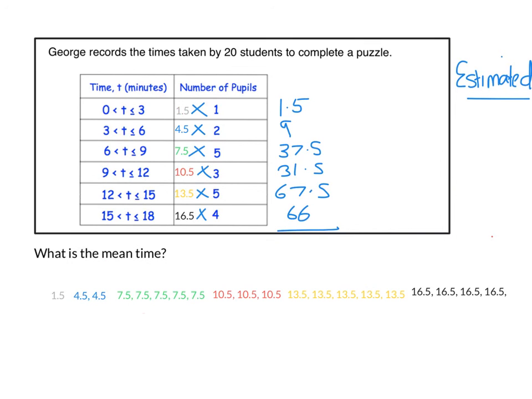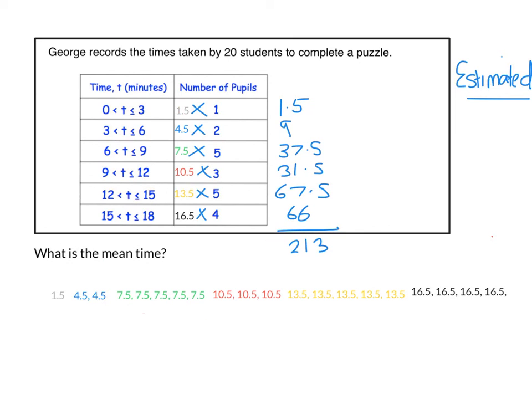So remember, we need to add all of those numbers together. So 1.5, add 9, add 37.5, add 31.5, add 67.5, add 66, and I get 213.